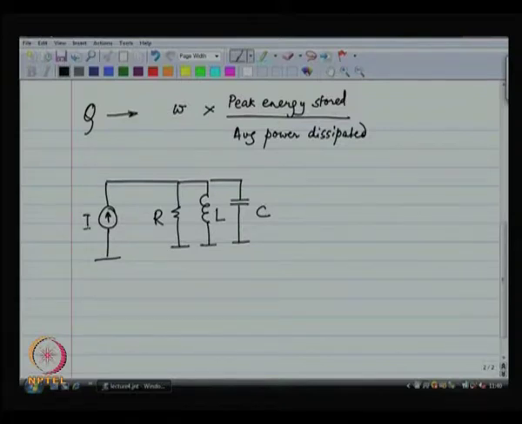I pushed in a current I and observed the voltage seen across the resistor, and here we found the peak energy stored divided by the average power dissipated, times the frequency, at the resonant frequency. The resonant frequency is of course 1 over square root of L C. So, this was Q.